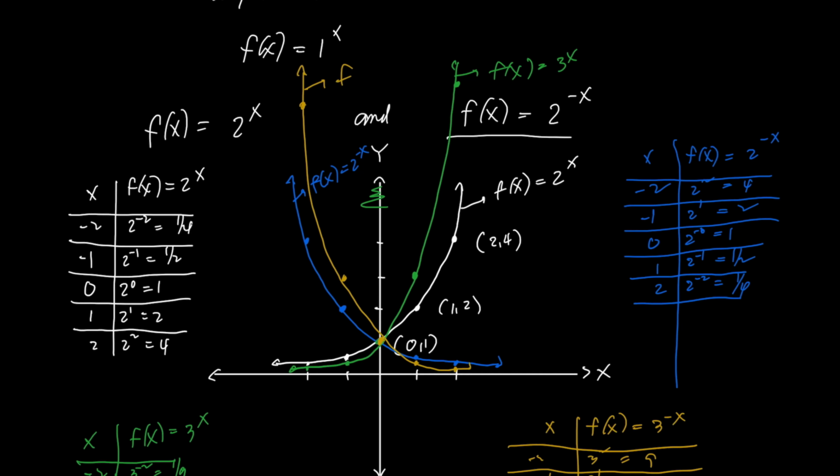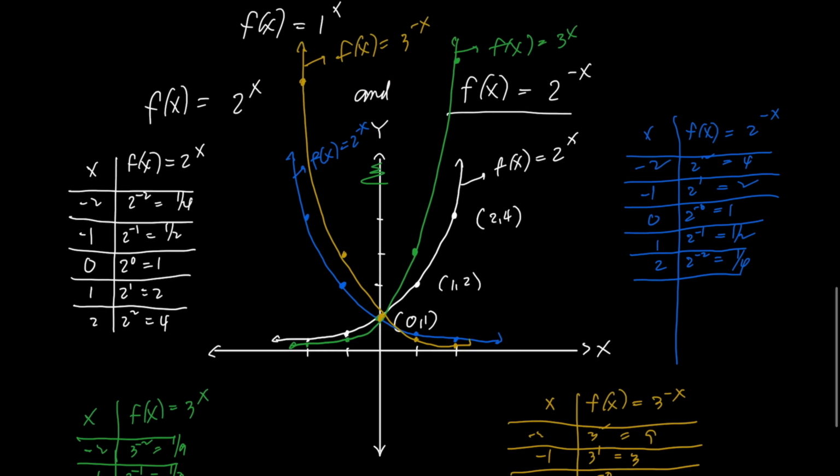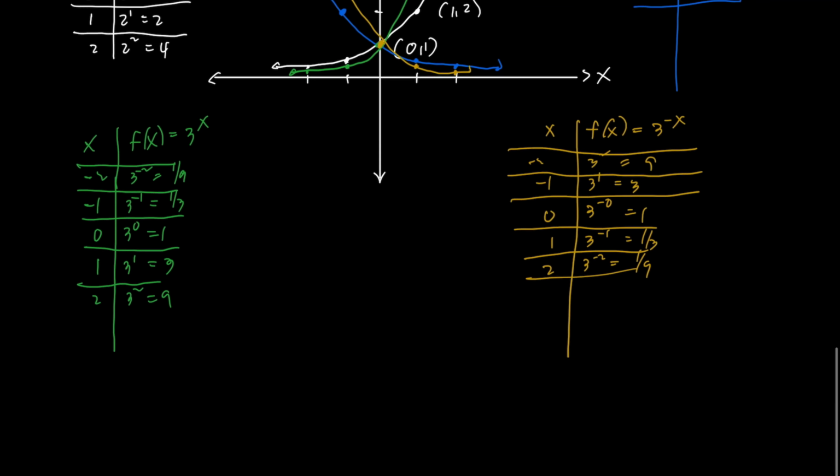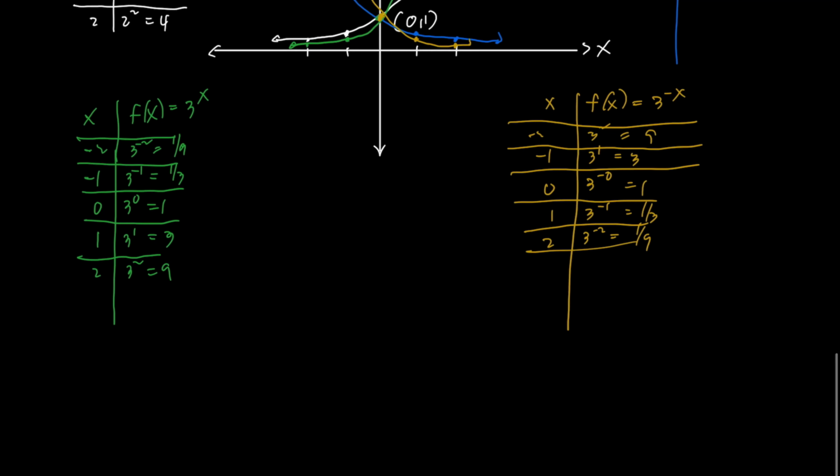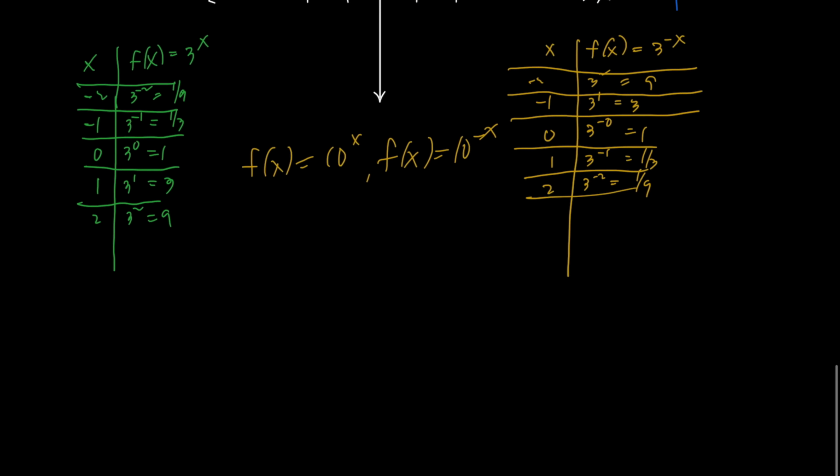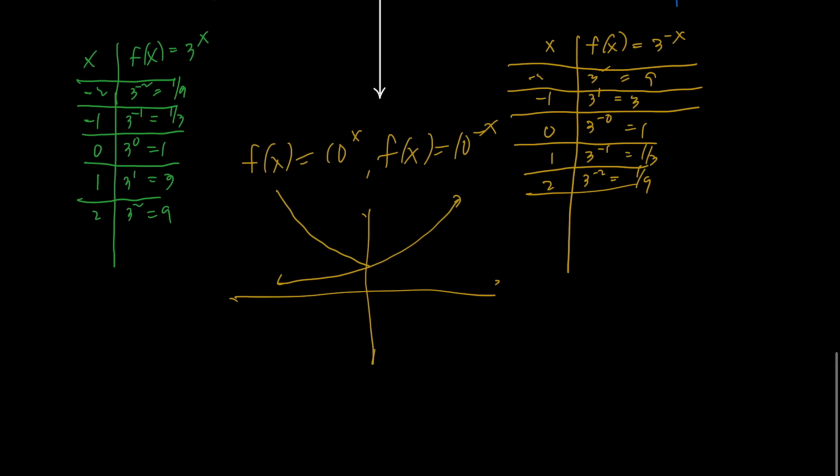So this is our f of x equals 3 to the negative x. These graphs are almost the same with, for example, f of x equals 10 to the x and f of x equals 10 to the negative x. So basically, the form of the graph is just like this for x positive and like this for x negative.